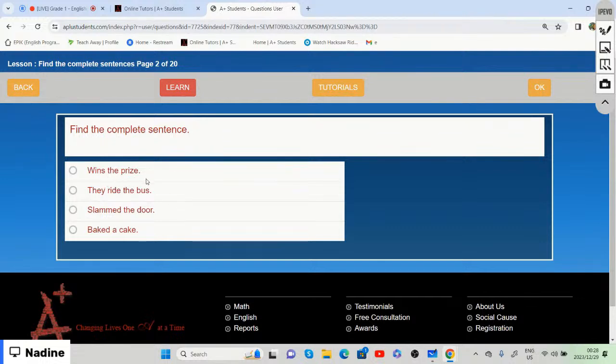Wins the prize. They ride the bus. Slammed the door. Baked a cake. So we need to find the complete sentence that has both a naming part, which is a noun, as well as the action part, which is a verb.